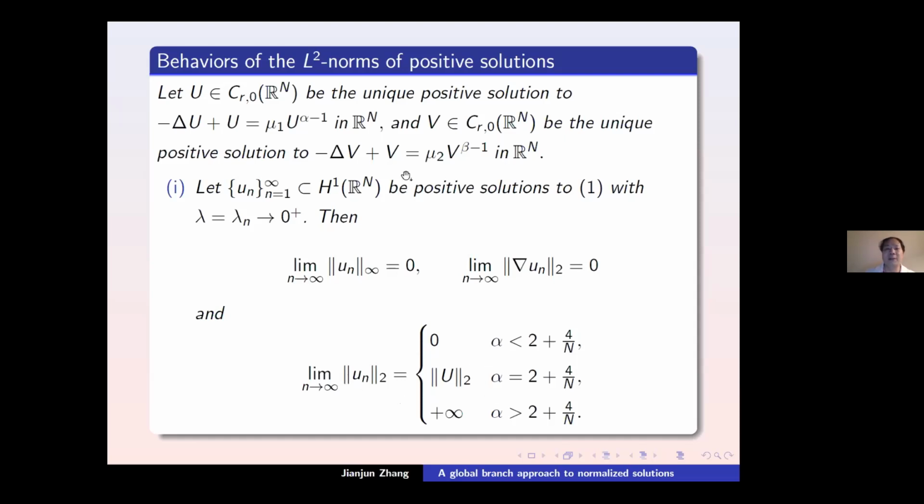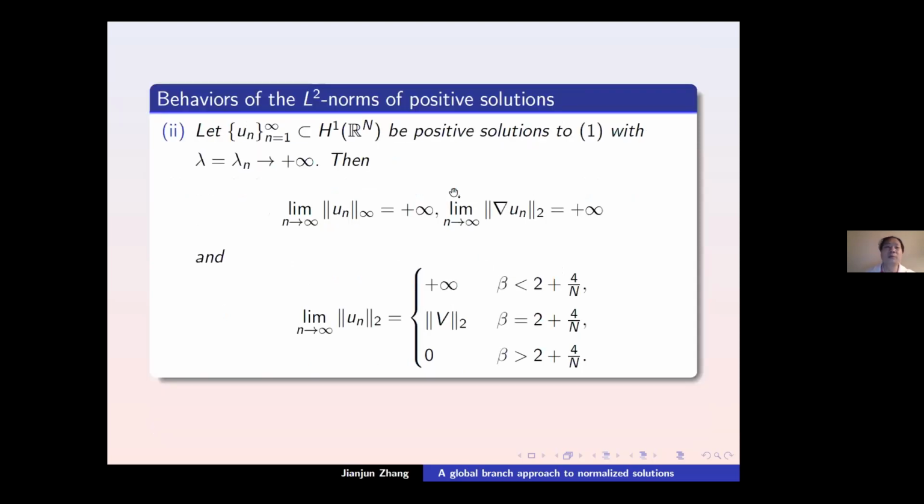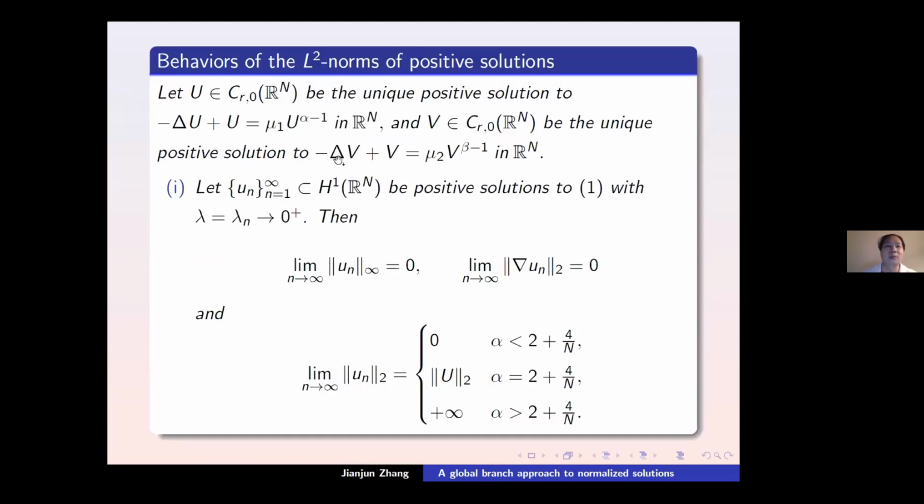Okay, so from this result, we know the mass of the solution u_n has a different behavior in the mass subcritical, mass critical, and mass supercritical cases. Also, we can find similar behavior of the L2 norms of positive solution in H1. So this result is similar to this result.